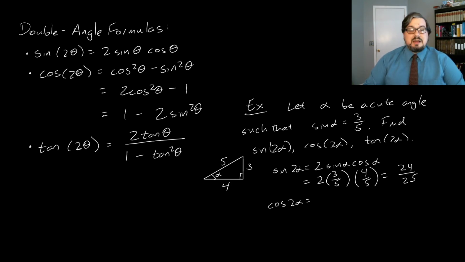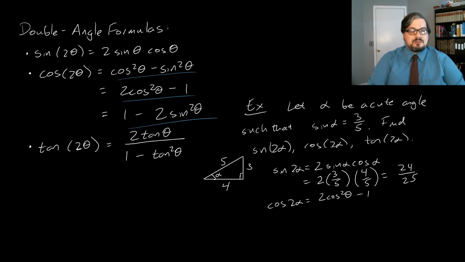Cosine of 2 alpha is equal to, and now we can use any one of these formulas that we've got over here. A lot of times the second or third ones are going to be easier because they just involve a single trigonometric function rather than a couple of them. So let's use the second one.